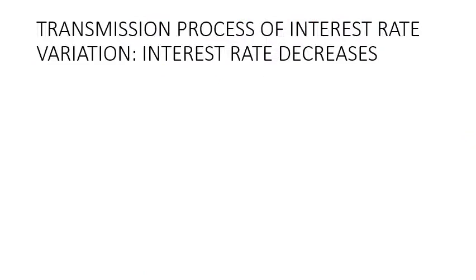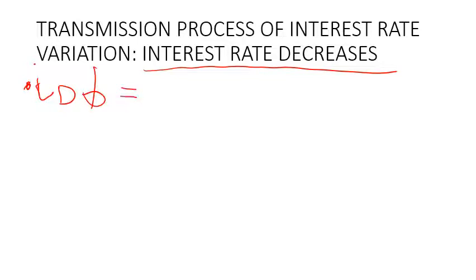Once again, transmission process of interest rate variation. In this case, however, the interest rate decreases. So quickly, let's see. Our domestic interest rate goes down. It's now lower than the foreign interest rate.